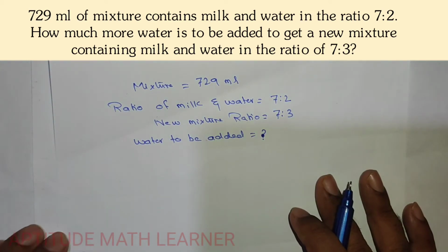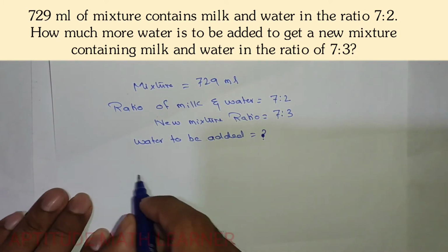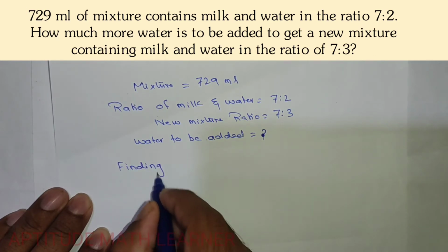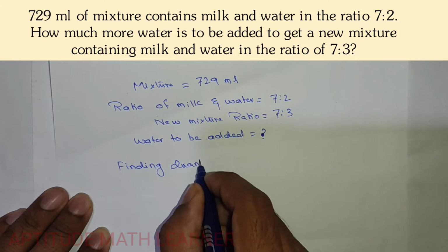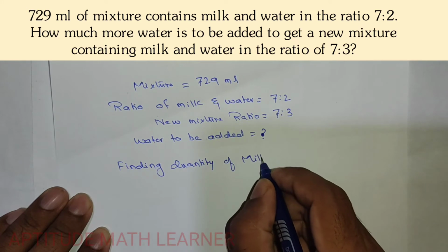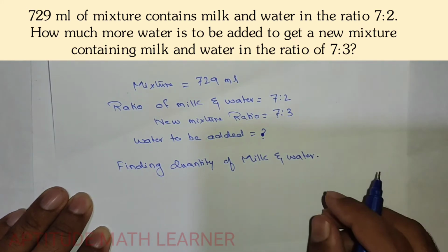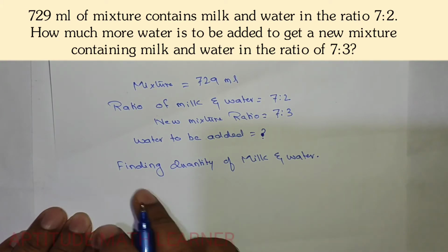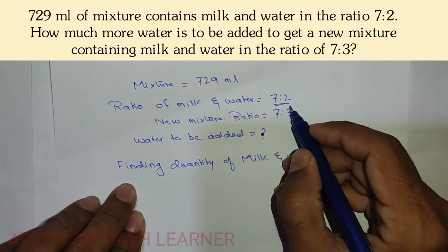The first thing we have to do is find the quantity of milk and water. To find the quantity of milk and water, we are given the ratio of milk and water.